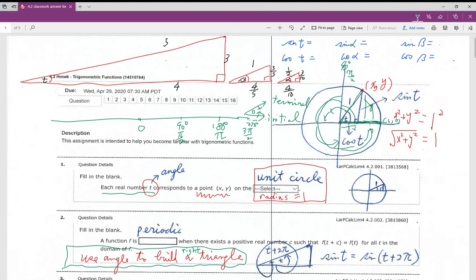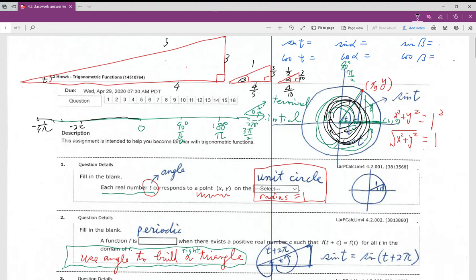And if you make the angle go in the negative direction, you have negative angles. All those negative angles can wrap the circle many times, the same thing. So you have negative a little bit, negative more and more, negative 2 pi, negative 4 pi, and all other negative angles.